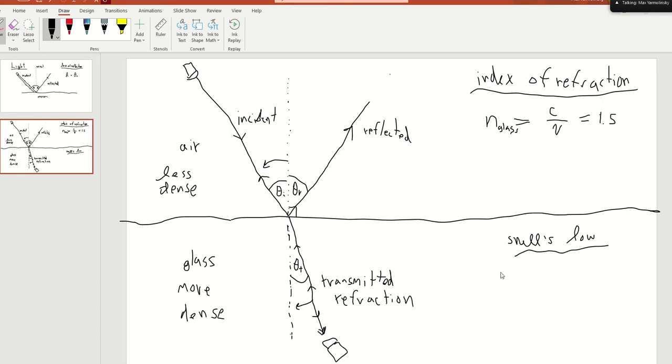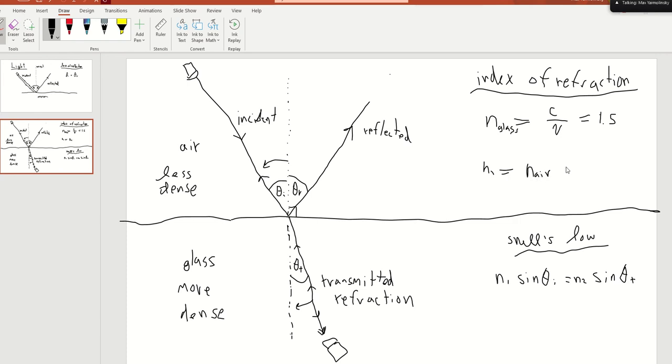Okay. Snell's law says that n1 sine theta incident is equal to n2 times sine of the transmitted angle, theta t. So for this case, n1 is air.